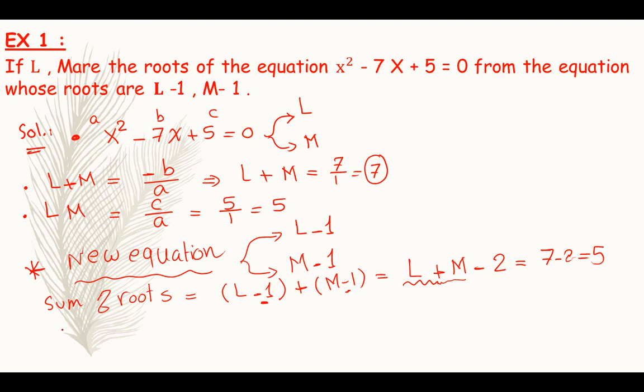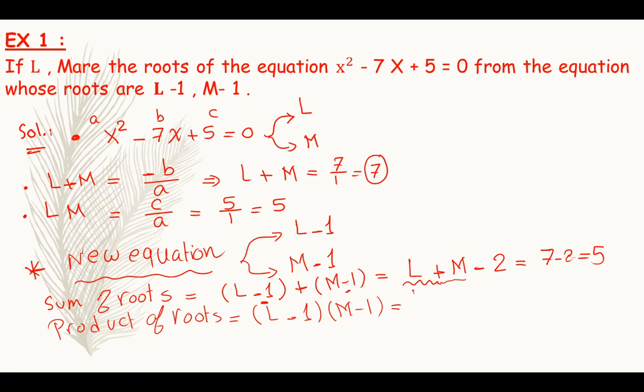Okay, again, product of roots equals L minus 1 multiplied by M minus 1. So sum means plus, product means multiply. Let's multiply the two brackets together.